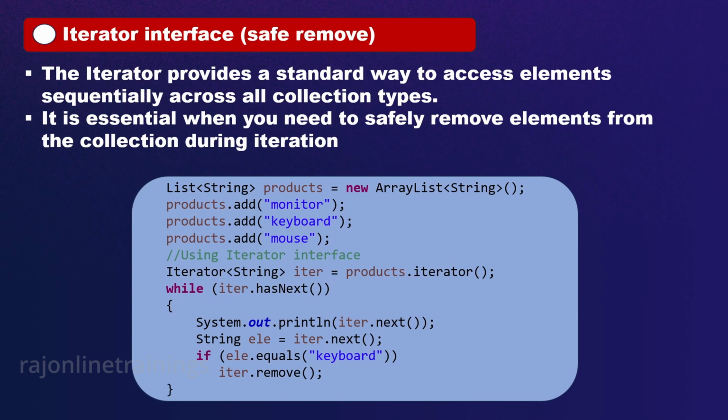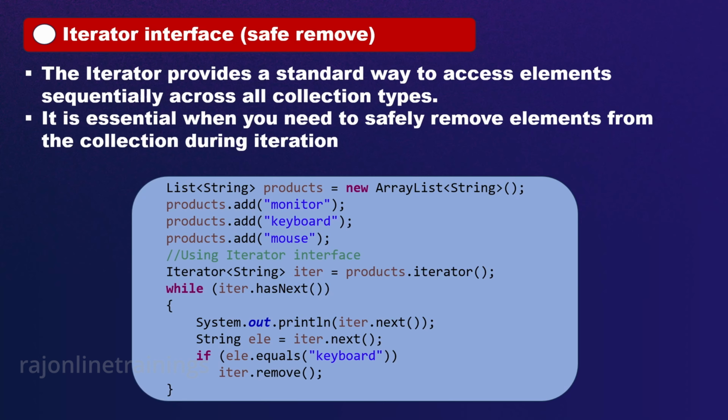For example, take a list of products, with products like monitor, keyboard and mouse. We add these products to the products list. Now, how to make use of the Iterator interface: Iterator itr equal to products.iterator(). Once we say products.iterator(), this itr is connected to this products list.